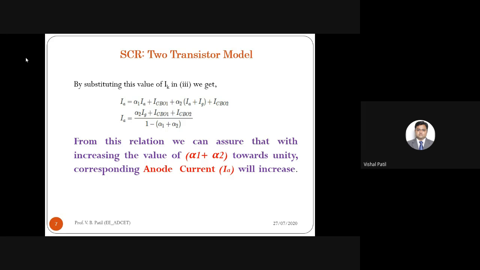And from that, what can you conclude? You can conclude that SCR can be seen as two transistors connected back to back, or SCR follows the two transistor model. What is the proof for that? This expression, the relation between current gain and anode current. Alpha 1 and alpha 2 are the important transistor current gains.